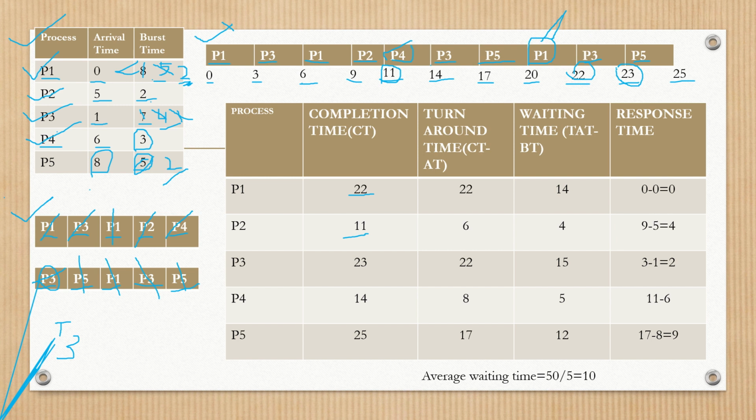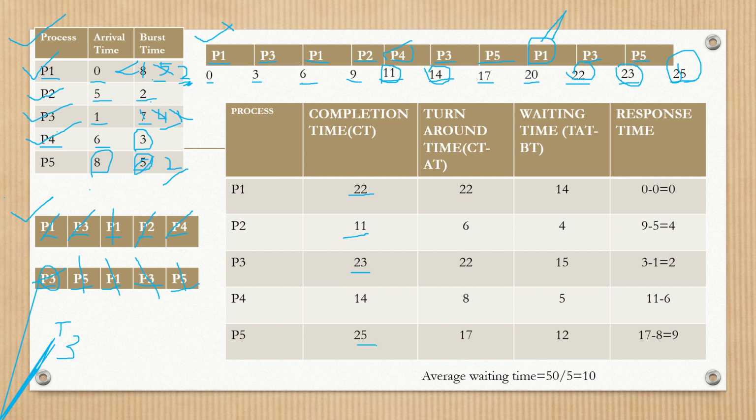So 23 is the completion time of process P3. Next, P4 has completed at 14. Finally, P5 has completed at 25. So P5 completion time is 25.